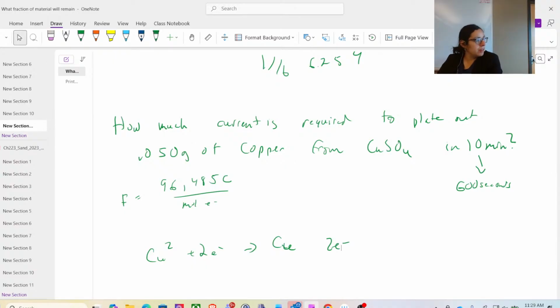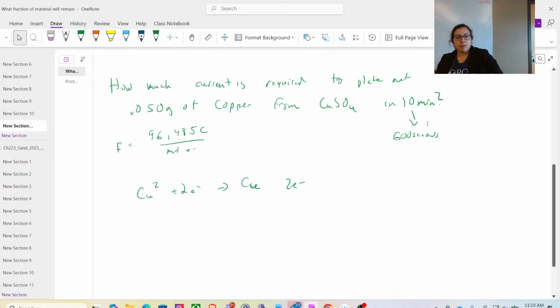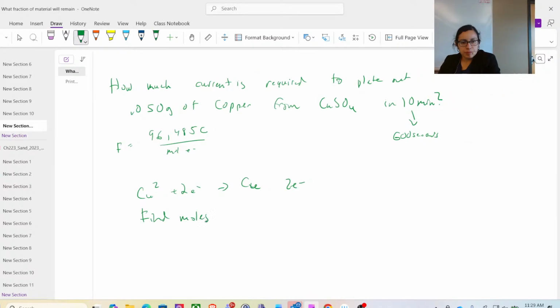All right, so let's find moles of copper. So 0.05 divided by 63.55.